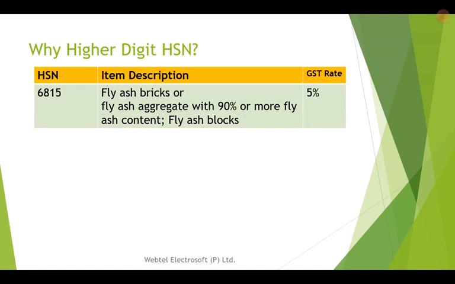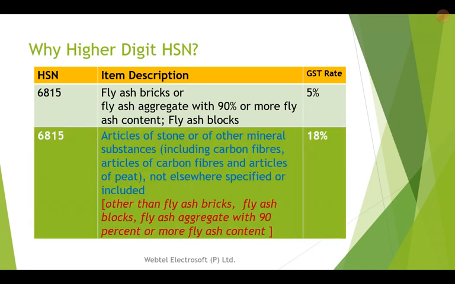Similarly, in another case, the HSN 6815, which is used for fly ash bricks and similar items, the GST rate is 5%. Interestingly, for other items which have the same HSN, that is 6815, the rate is 18%, which is articles of stone or of other mineral substances, other than those items which are specified in the first category.